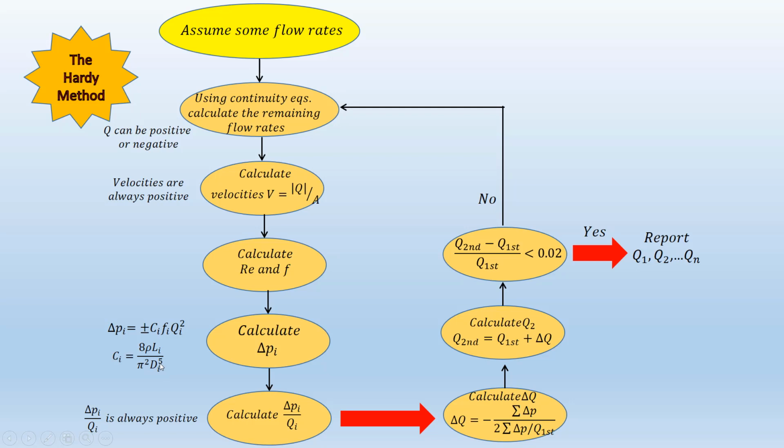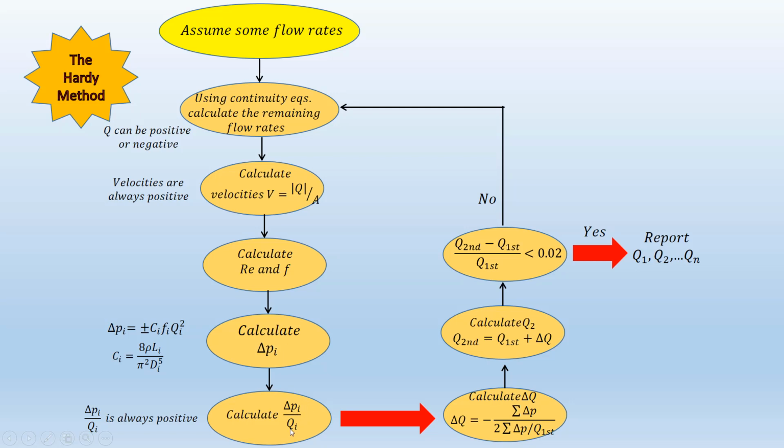So you can find the delta p_i, and then keep in your mind that if the flow direction and the loop direction are in the same direction, the delta p is positive, otherwise it is negative. And then you need to calculate the delta p_i over q_i.